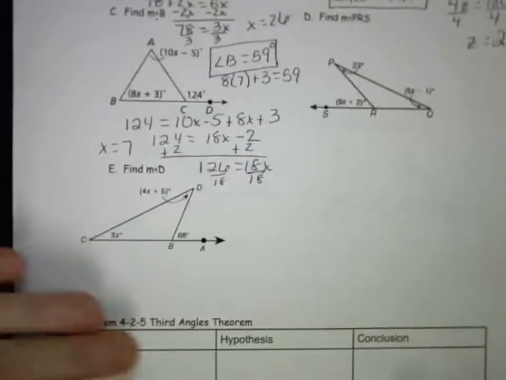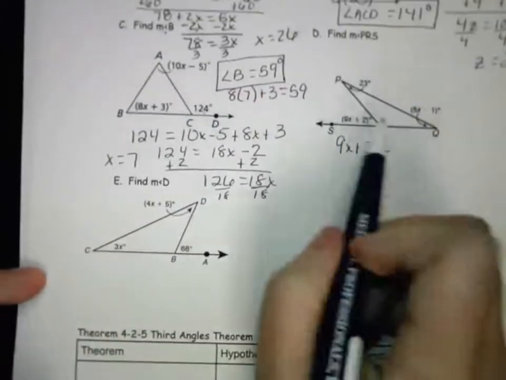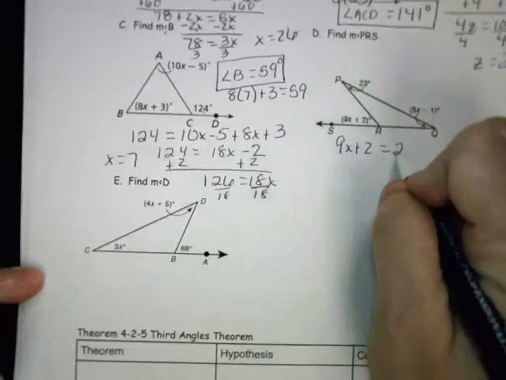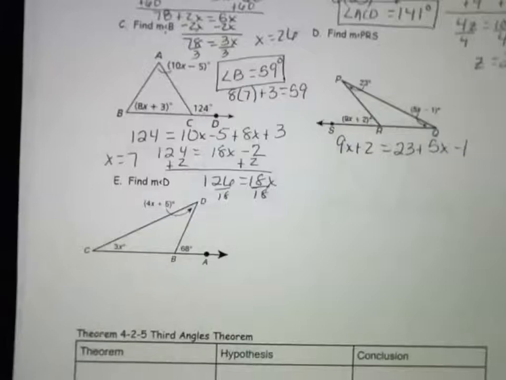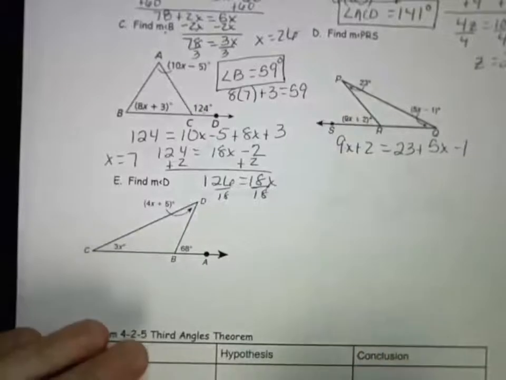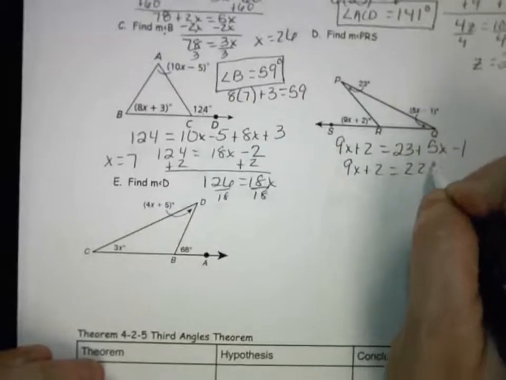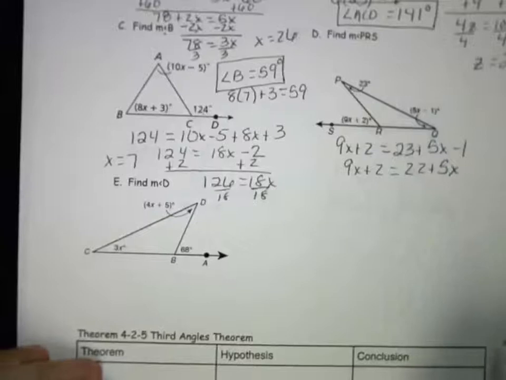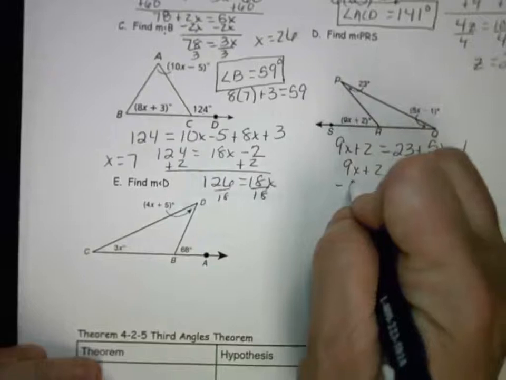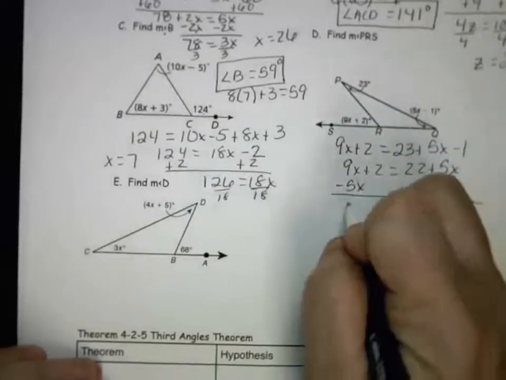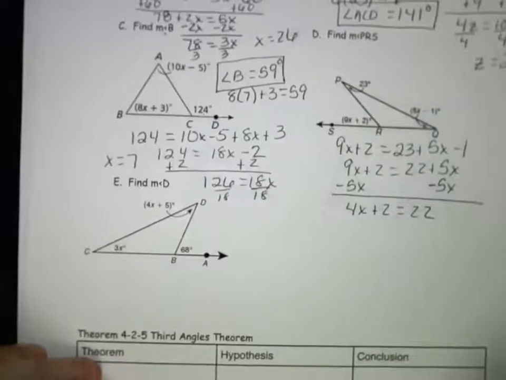Letter D, exterior angle, so 9x plus 2 equals the sum of the remote interior angles, so 23 plus 5x minus 1. That becomes 9x plus 2 equals 22 plus 5x. From there, you subtract 5x from both sides, and you have 4x plus 2 equals 22.